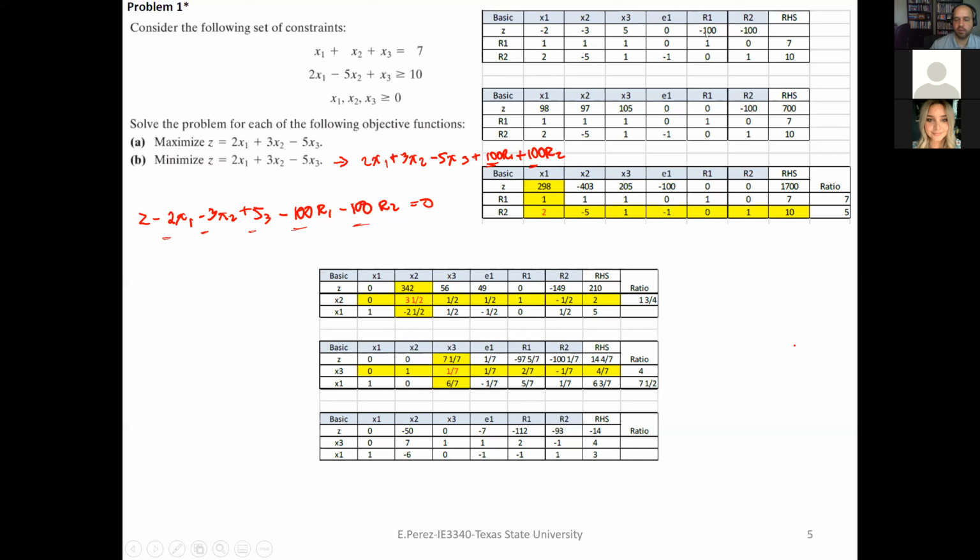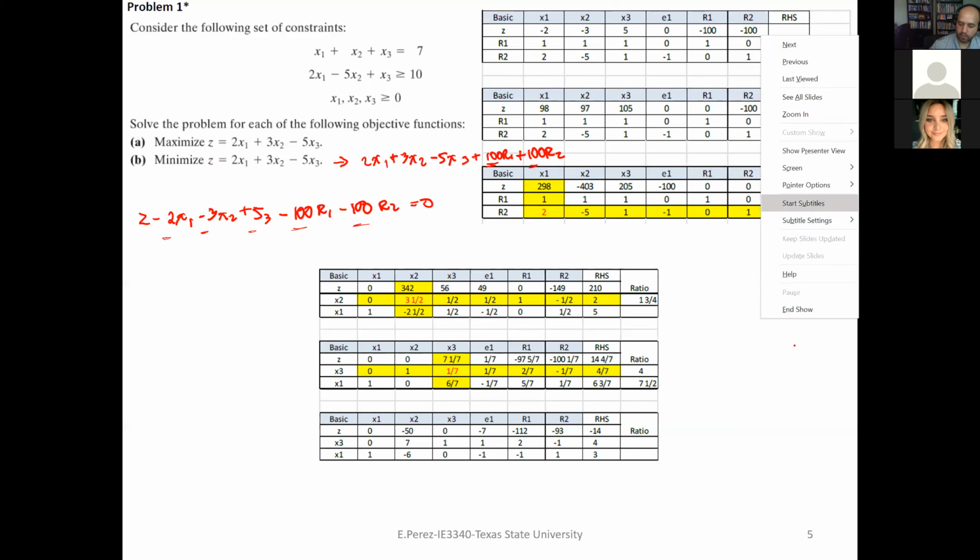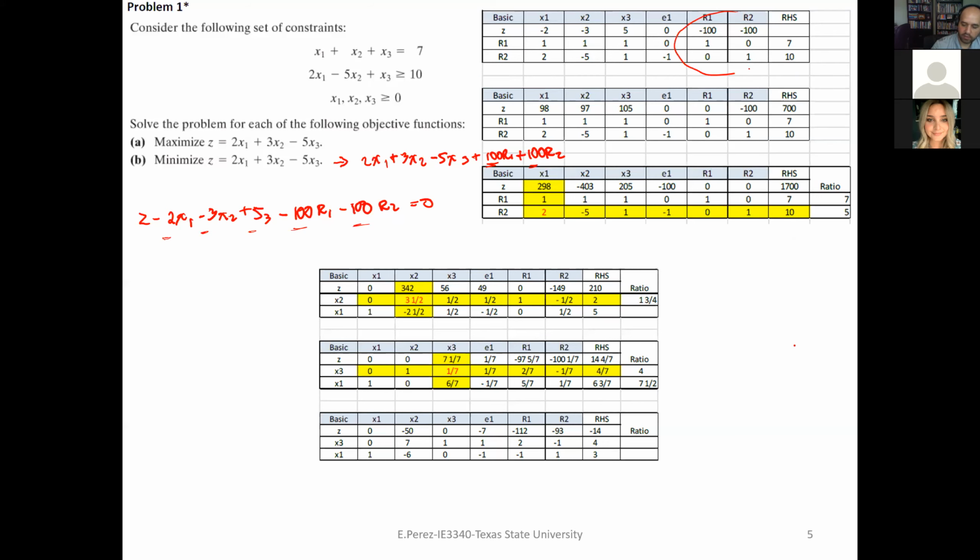As we did for the previous example, we have to make these look like the identity matrix. So we need to make -100 equal to 0 and -100 equal to 0. That's what we are doing for the first tableau, making these zeros and ones, and then for the second tableau.